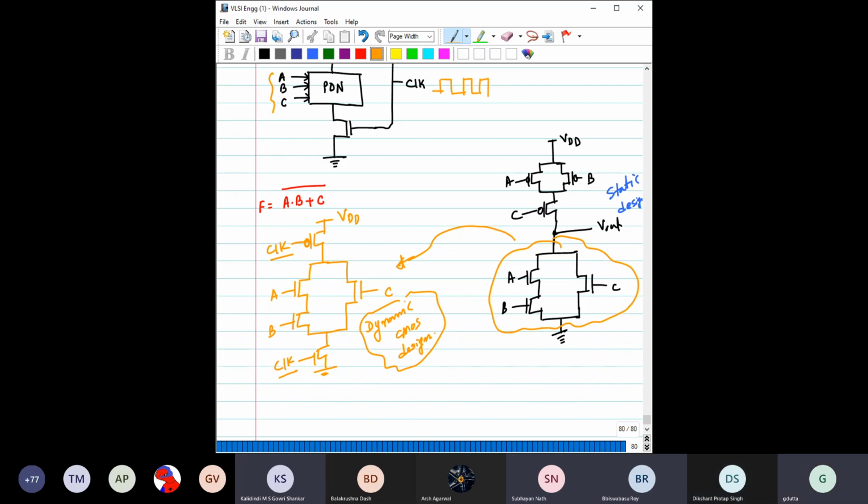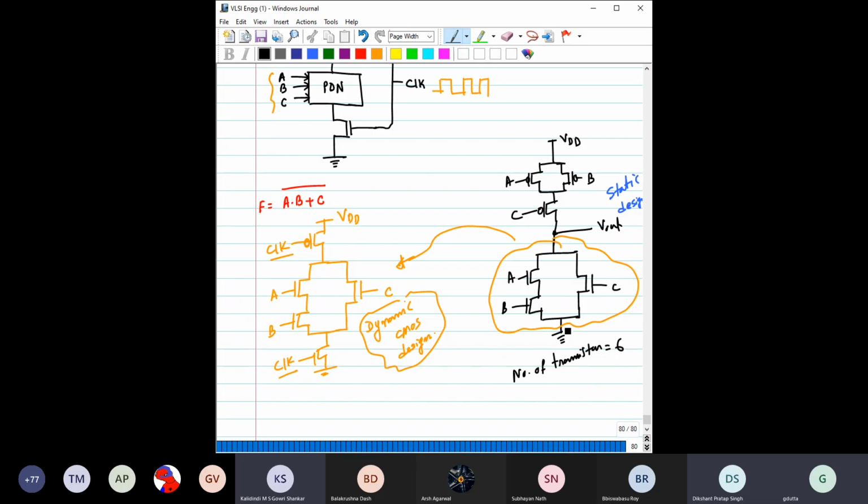Number of transistors which are reduced. Number of transistors, very good, Shubha. So obviously the number of transistors is less compared to the static design. For example, here in the static design, the number of transistors is 6.